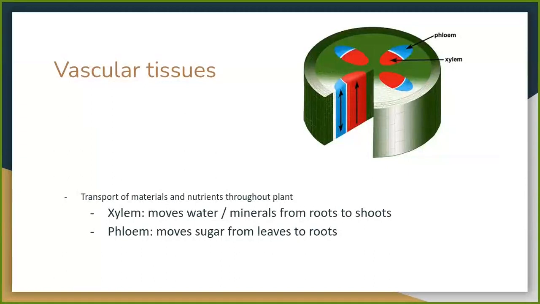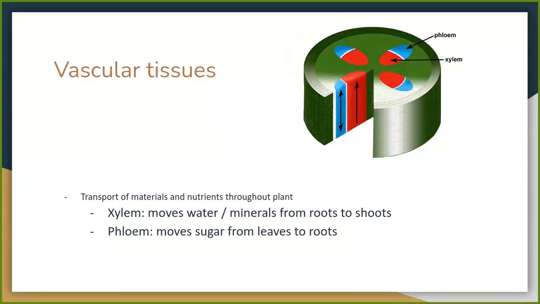Okay, then we have vascular tissues. There are many types of vascular tissues, but the ones that you'll want to remember are xylem and phloem. These are tubes found in the vascular plants that allow for the movement of materials and water throughout the plant.